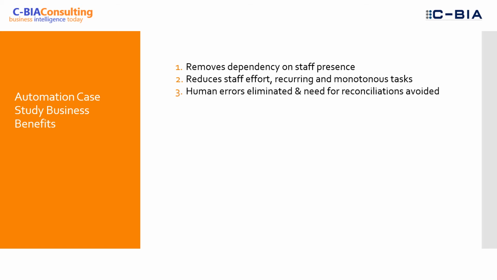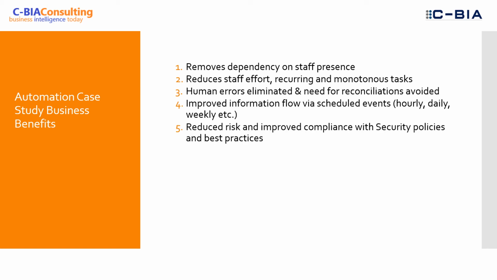And of course, that sort of process can generate errors and therefore a need for reconciliations, which are avoided when the system is automated. We can also trigger these things at an appropriate time event. In this case, it was hourly, but it could be daily or weekly, and that's automated and of course will happen regardless of the human presence.